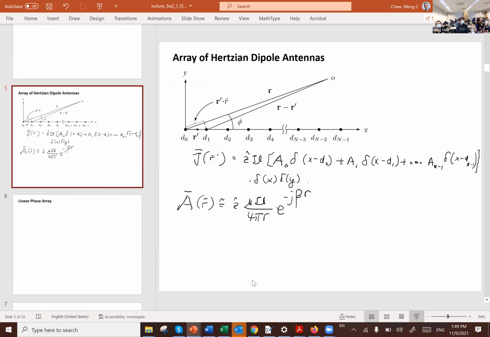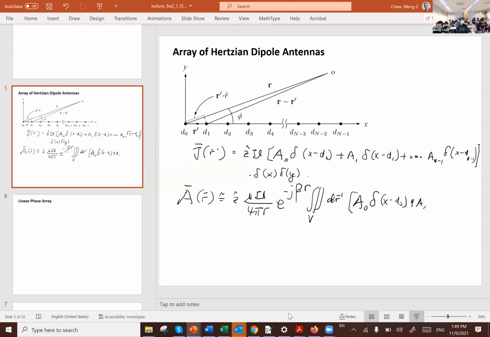So if you evaluate this now, you will have a volume integral dr prime of A0 delta(x minus d0) plus A1 delta(x minus d1) plus blah blah blah, and you know what I mean.